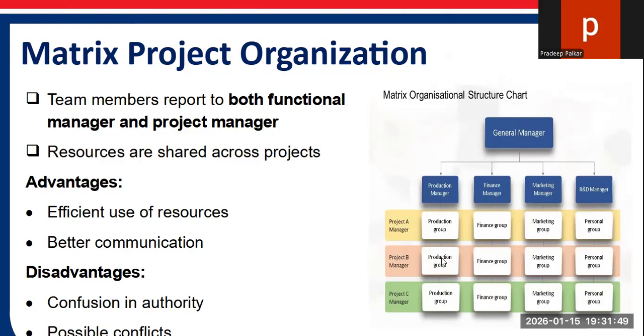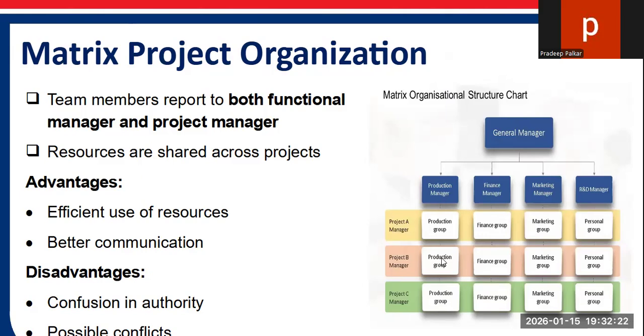Now we'll discuss the project oriented organization. That is the second type. In the project oriented organization, the entire structure is centered on the project. The project manager has complete authority and team members are dedicated exclusively to one project, only one project.